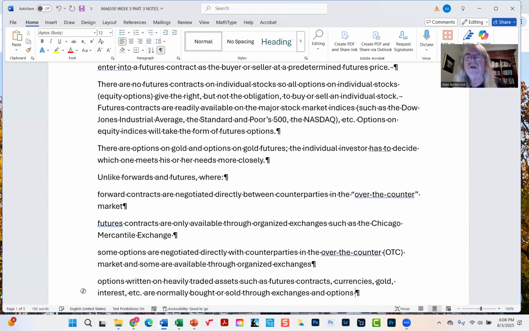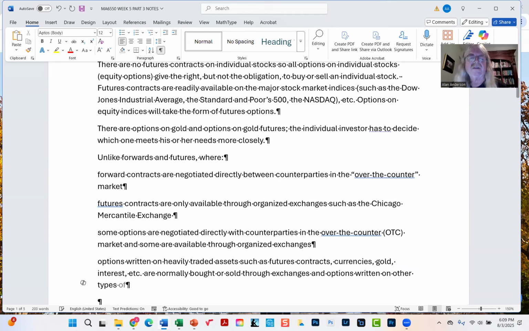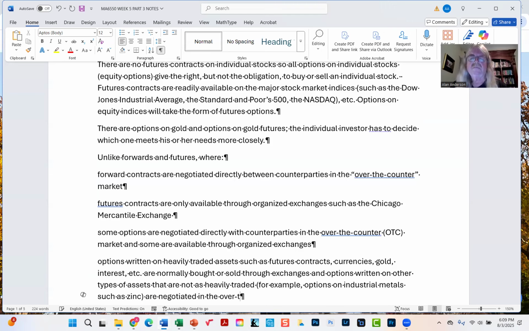And options written on other types of assets that are not as heavily traded, for example, options on industrial metals, such as zinc, where there may not be a futures contract, are negotiated in the over-the-counter market. So you can find either one.